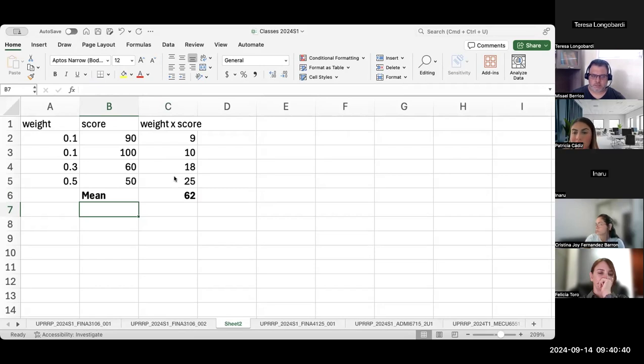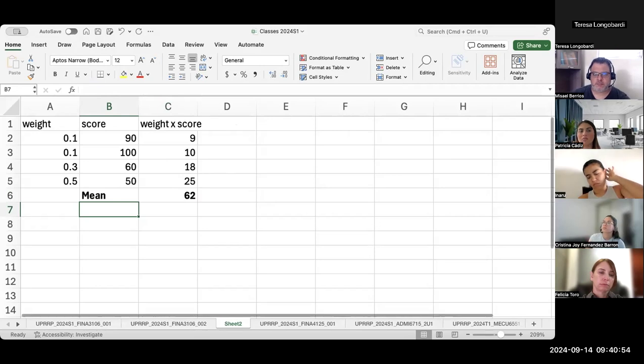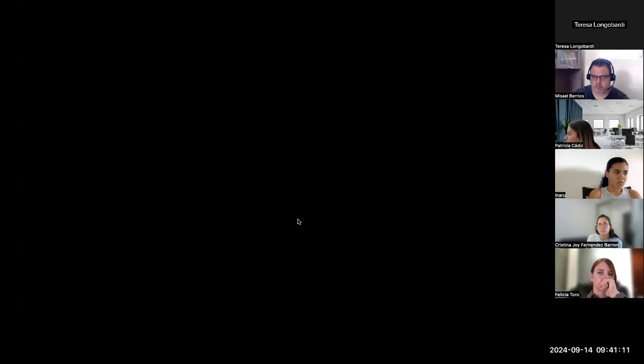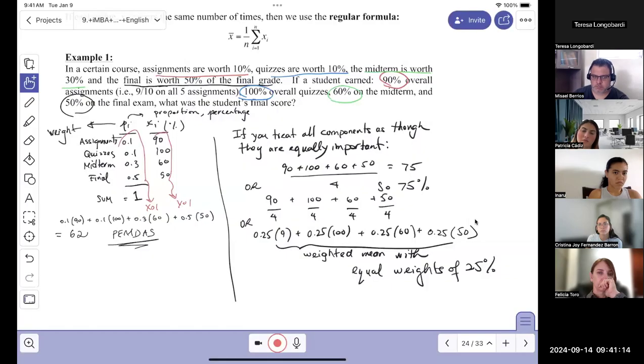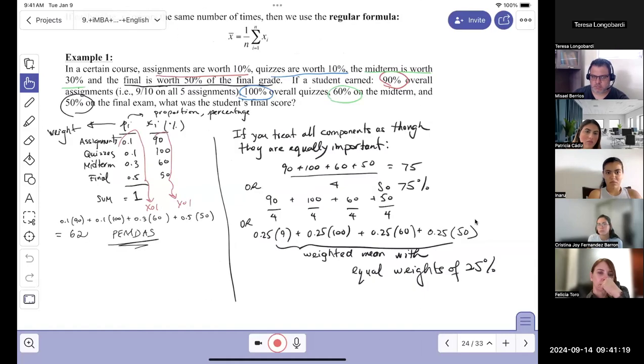So what I proceed to do with the notes is give you other problems that are weighted means, but I present it slightly differently every time so that you can learn how to identify a weighted mean problem. Okay, so this is the first one that we do. And then there's a second one below.